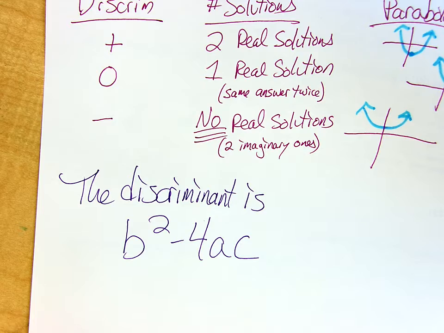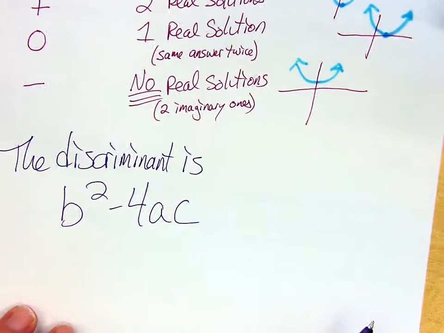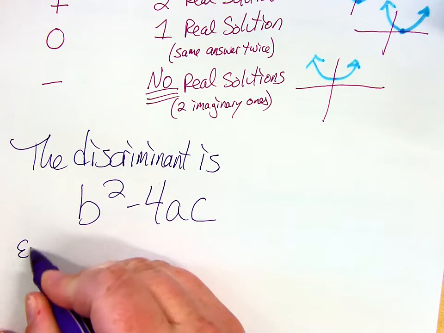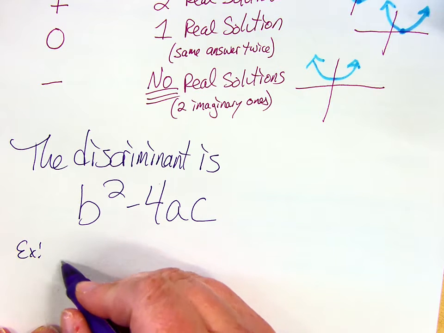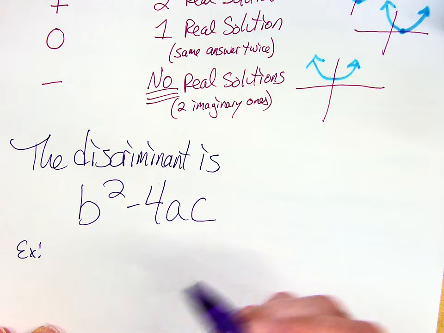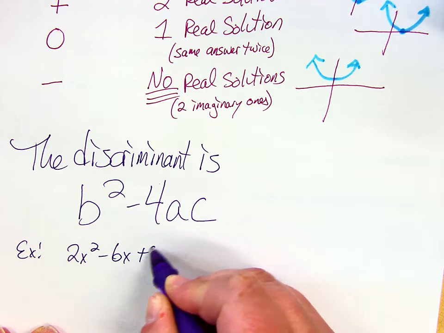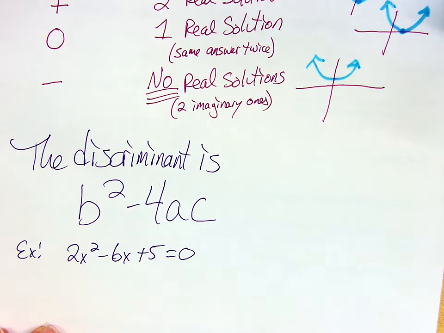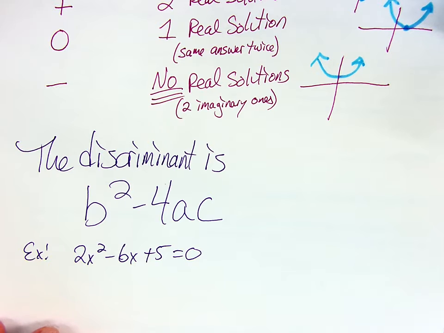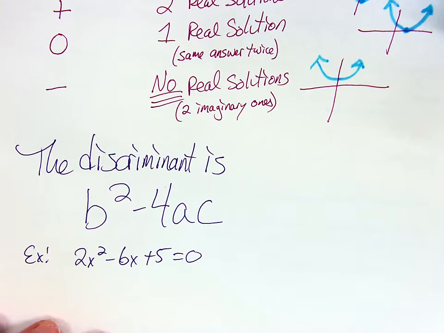So let's do an example. Let's say I had 2x squared minus 6x plus 5 equals 0. So before I begin, just make sure that your quadratic is in standard form.